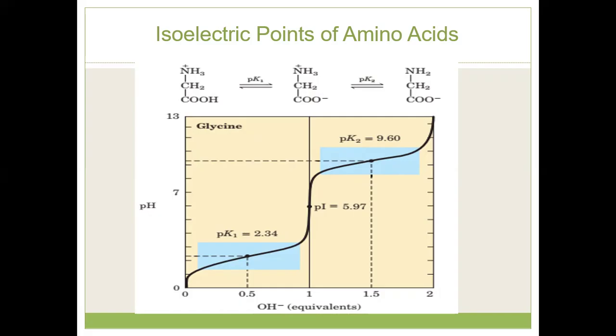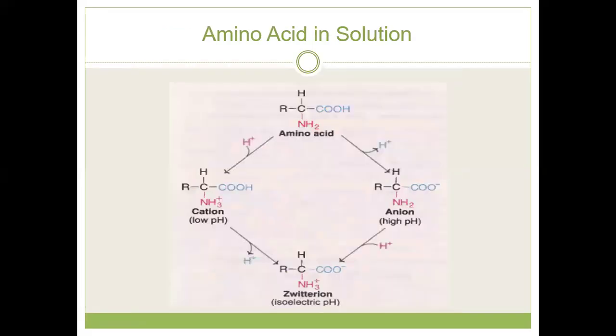So what is this isoelectric pH? I've already explained this. It's nothing but a pH at which the amino acid exists as a zwitterion, a neutral ion. Here you have an amino acid that contains a positive and a negative charge.